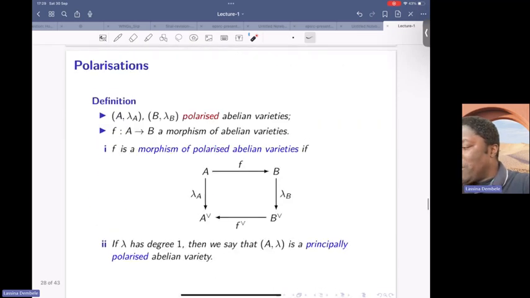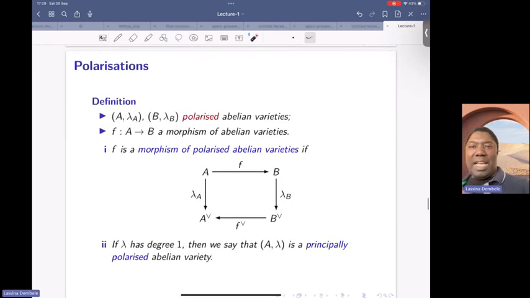And of course, with this definition, there's a natural definition of a morphism of polarized abelian varieties. So, it's the following. You give yourself two polarized abelian varieties, (A, lambda) and (B, lambda), and you give yourself a homomorphism or an isogeny of abelian varieties.